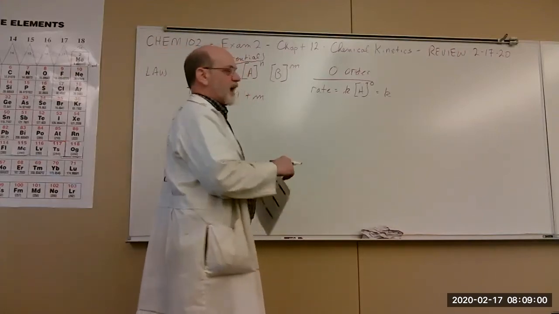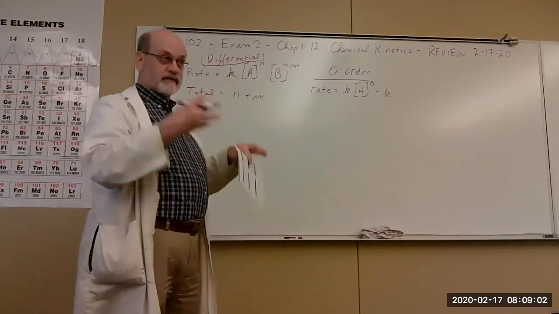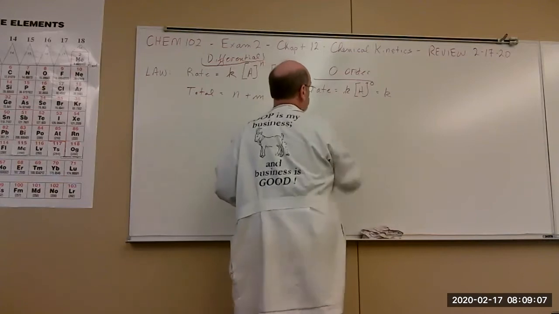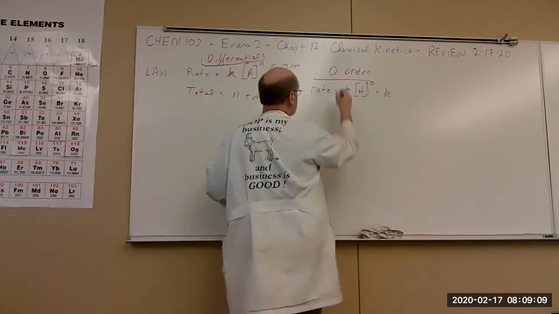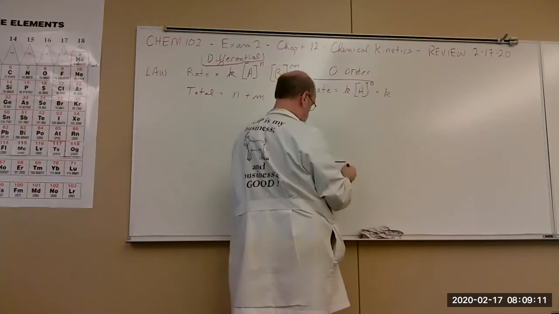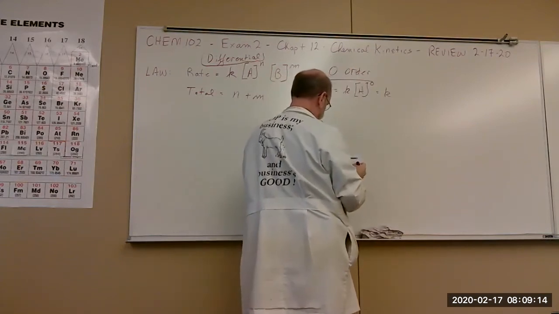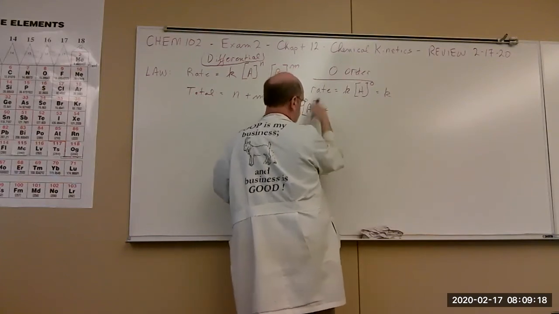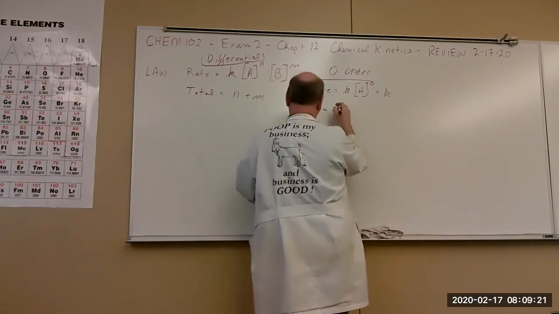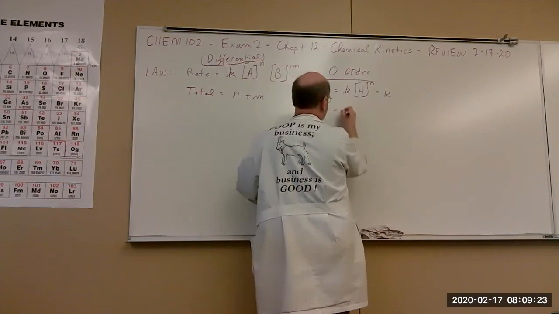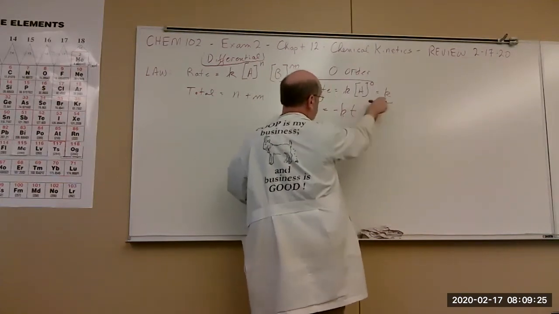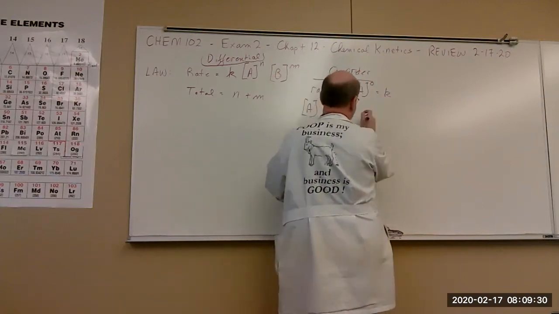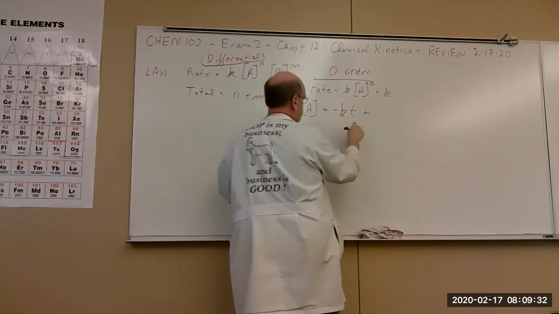But if you want time pulled out as a separate variable, you need an integrated version. And the integrated version of the zero order is: the concentration at any time t is equal to the initial concentration minus that rate constant, same constant, times the elapsed time.